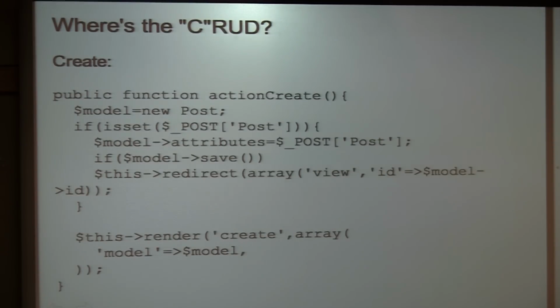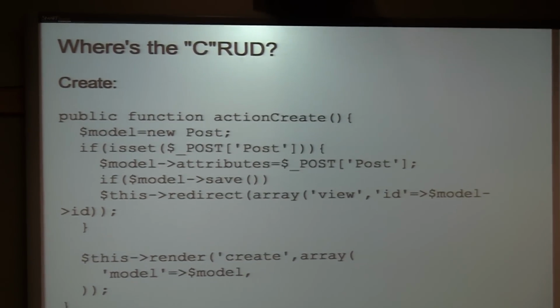Creating a post, not surprisingly, it's looking to see if the post information is back in the request. And if so, it does create a new model, and then it sets the attributes in a bulk fashion based on the stuff that's coming in. You do actually need to make sure that your attributes that you want to be set that way are in this thing called safe, which actually is safe validation.